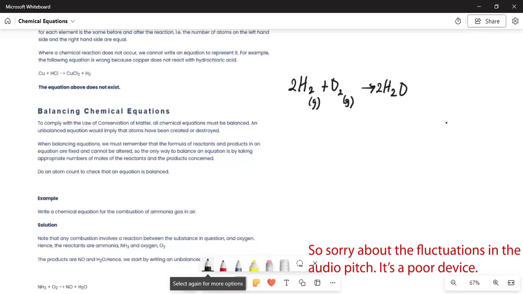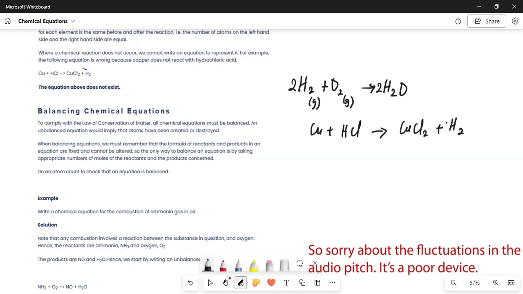Now, we can only write a chemical equation for a reaction that occurs. If a reaction does not occur, you cannot write the chemical equation for it. For example, see this here: Cu plus 2HCl, giving us CuCl2 plus H2.